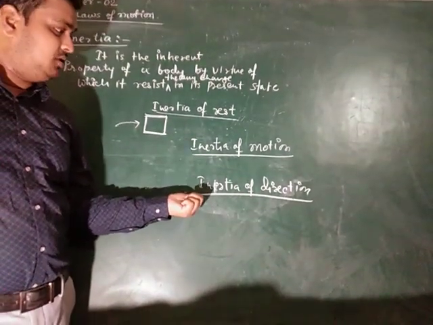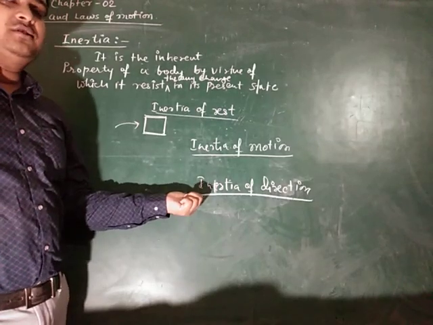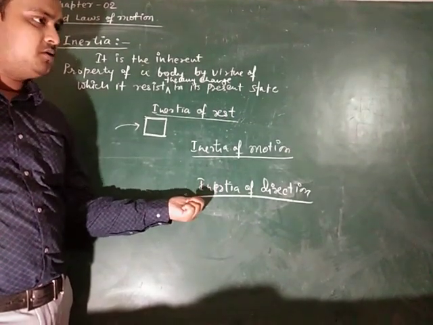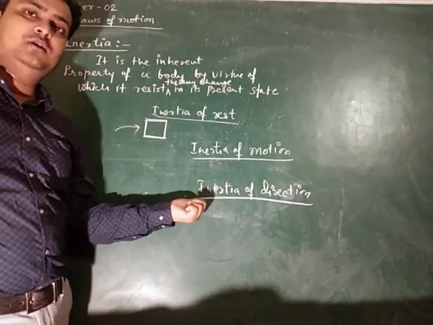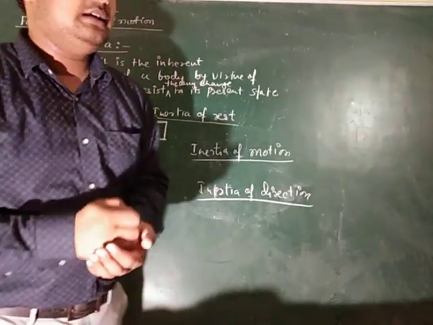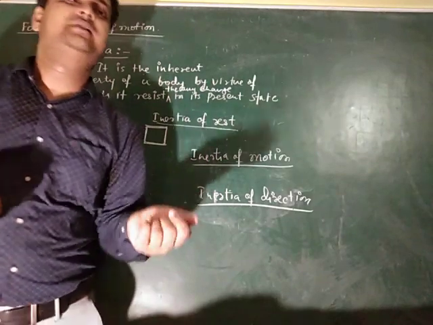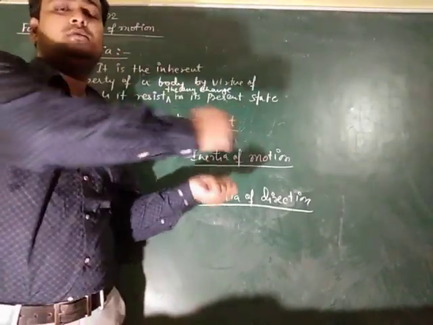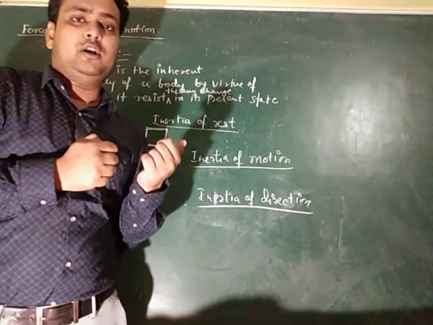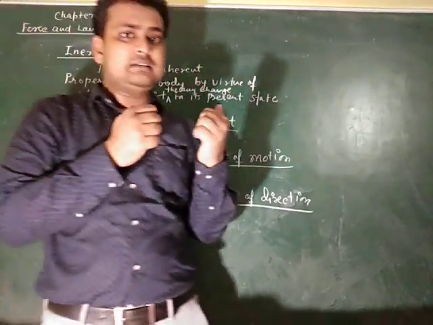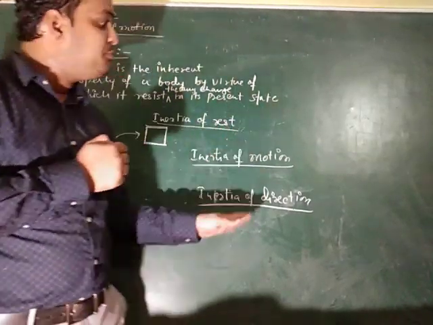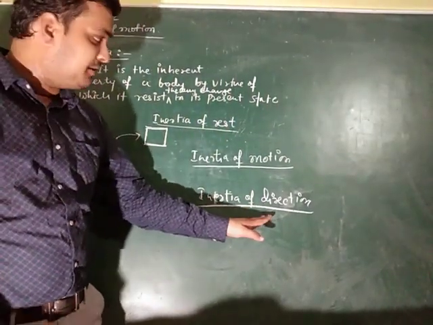Suppose you are traveling in a car and suddenly the car takes a turn. If the car turns to the left, the body begins to slide towards the right. It is because of the inertia of direction.